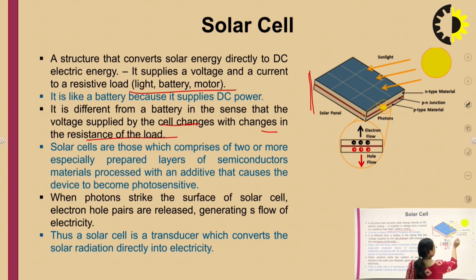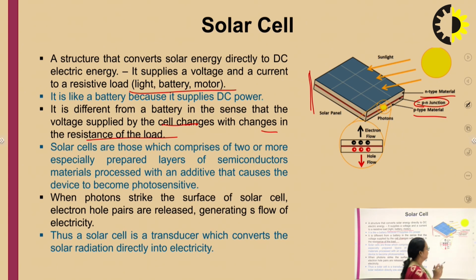In these layers, one is N type material and another is P type material, and in between them a layer is sandwiched, which is called the PN junction.